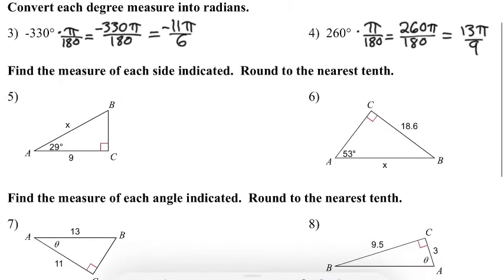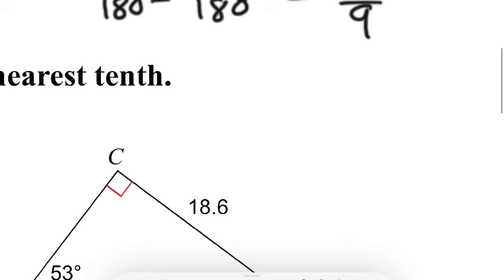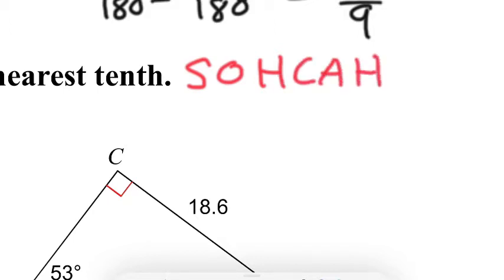So for 5, 6, 7, and 8, you need your saying SOH CAH TOA, or your saying is, some old hippie caught another hippie tripping on asphalt.